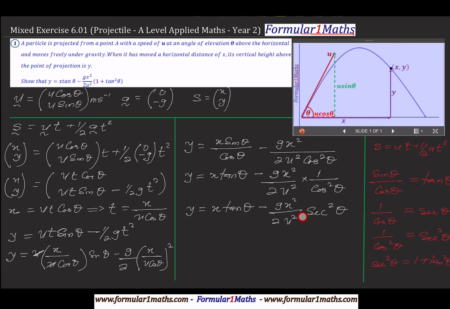And so this equation can now be written as y is equal to x tan theta minus gx squared over 2u squared, brackets, 1 plus tan squared theta. And as you can see, this is the equation that we are required to show.